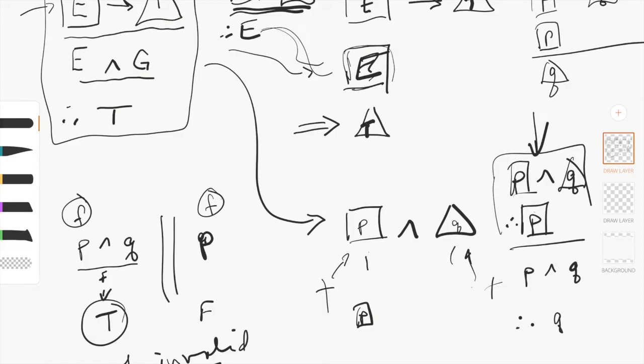So if you look at this original argument and you think to yourself, okay, we have two different rules that we can apply. First, we'll apply this rule that we've discovered here that allows us to take one side or the other out of a conjunction, and that will give us the second premise of a modus ponens we need. So the first premise of the original argument is the premise of the modus ponens.